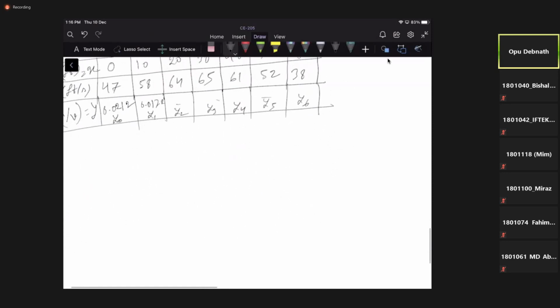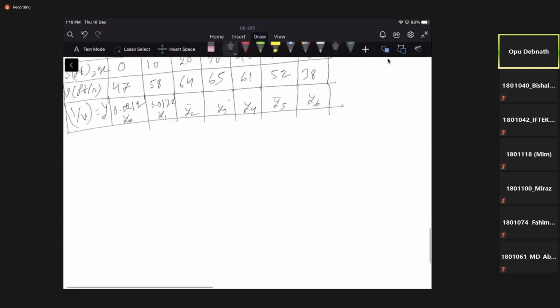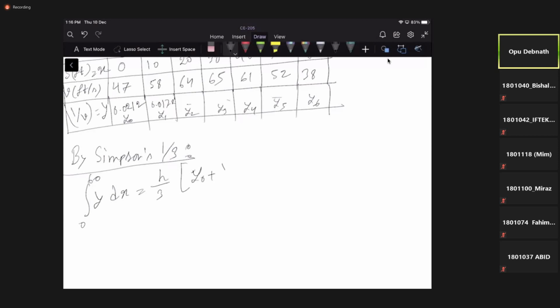So if you apply Simpson's 1/3, integration of y dx from 0 to 60, the rule is h by 3 times y0 plus y6, that means yn.